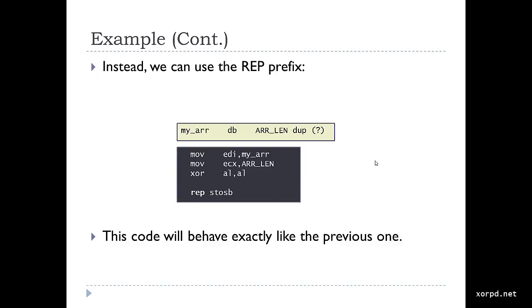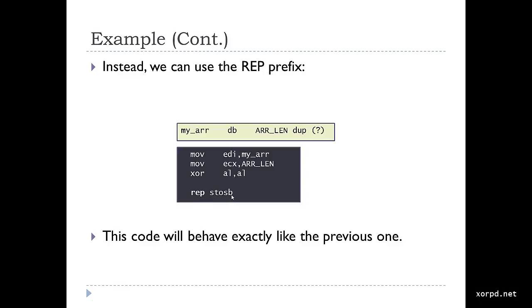Instead of all this logic, we could use the REP prefix. It looks like this: rep stosb. We combine this prefix, REP, with the instruction stosb. Basically, what this prefix is going to do is as follows.